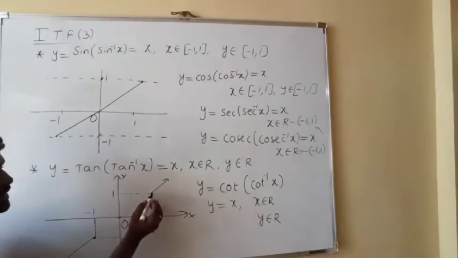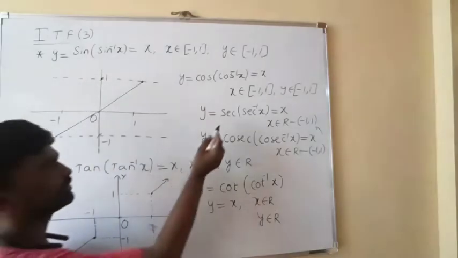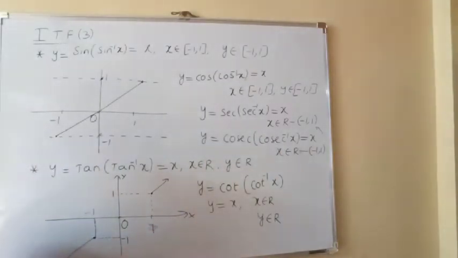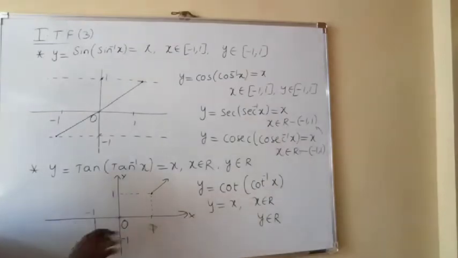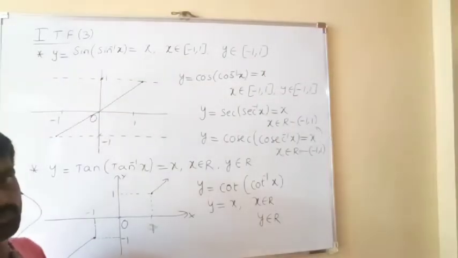So this ray and this ray, the union of these two rays, is the graph of secant of secant inverse x or cosecant of cosecant inverse x. Okay. So sine of sine inverse x and cos of cos inverse x graphs are the same. Tan of tan inverse x and cot of cot inverse x graphs are the same. Secant of secant inverse x and cosecant of cosecant inverse x graphs are also the same.